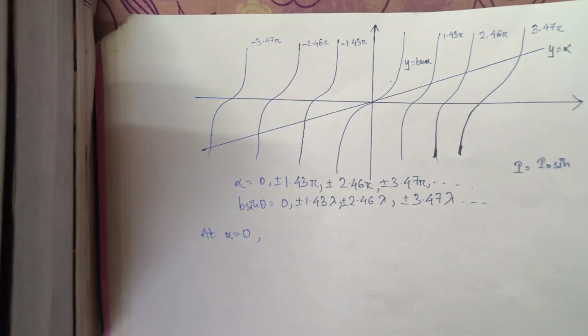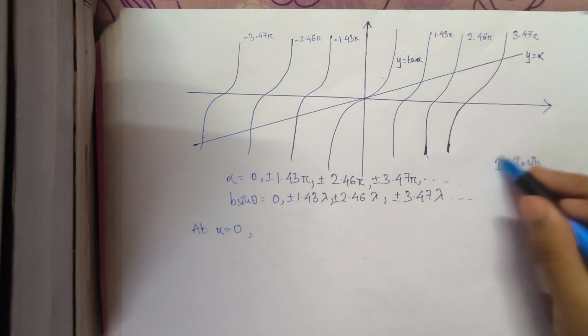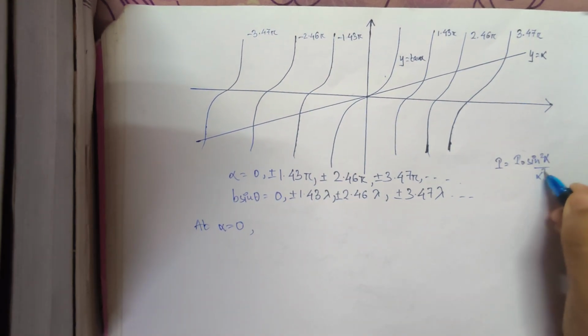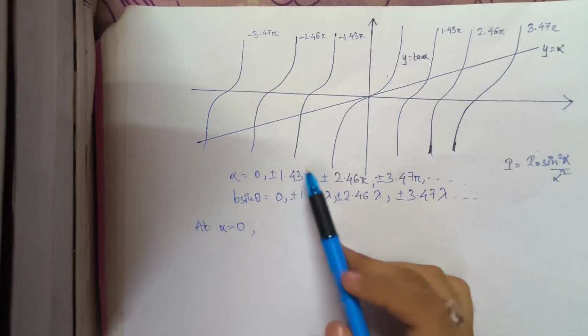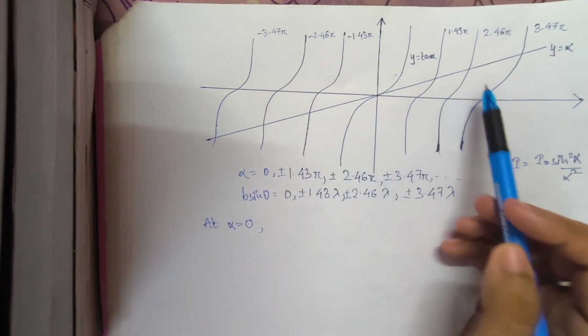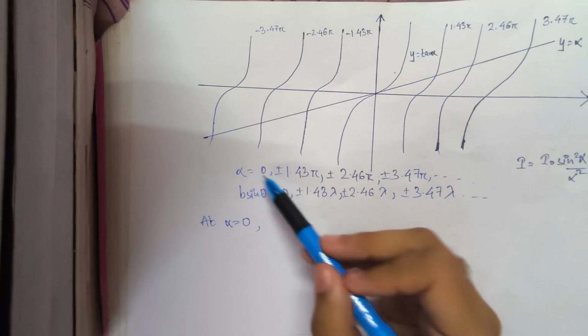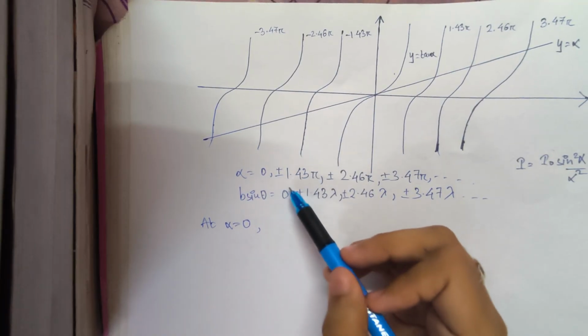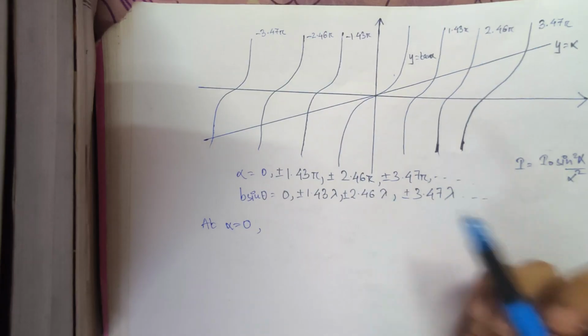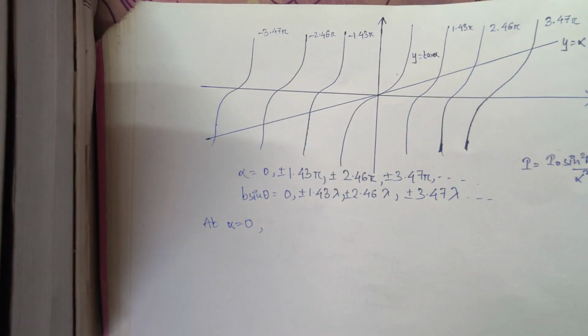Now we know the formula for intensity, I equal to I naught sine square alpha by alpha square, and from these points we get the points of intersection, that is alpha equal to 0, plus minus 1.43 pi, plus minus 2.46 pi and so on.